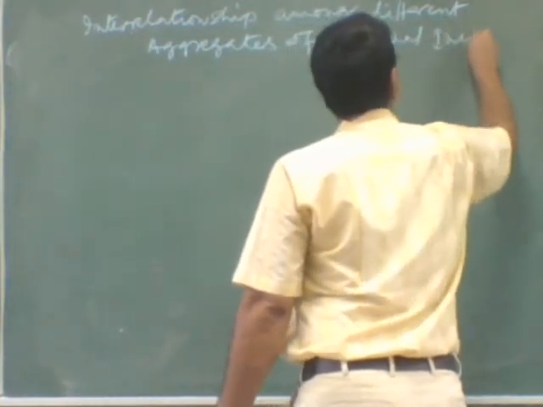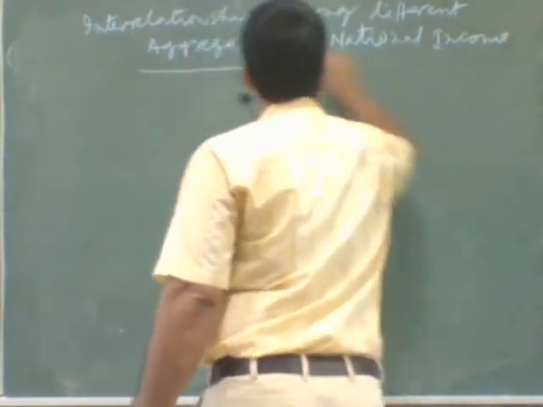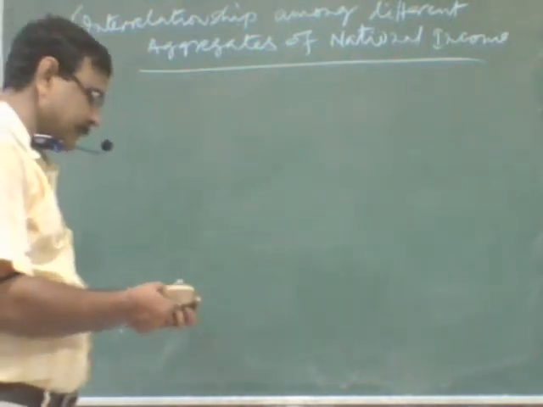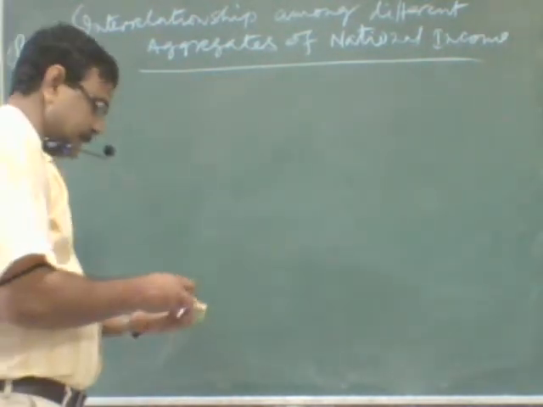This one is the part B relation. The interrelationship among different related aggregates of national income has been depicted with the help of the following chart. Now I am drawing this chart.